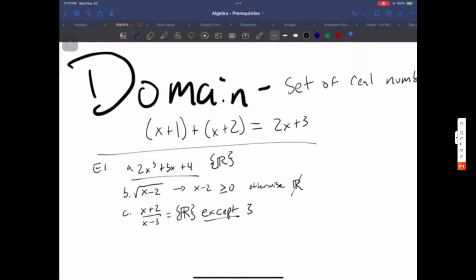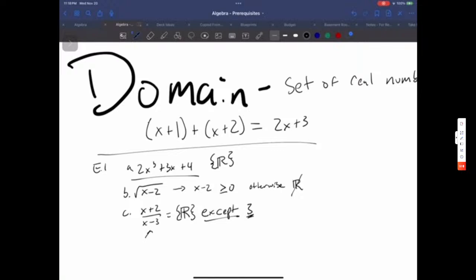Because the denominator of that expression will equal 0, and anything divided by 0 is undefined. So that result is not a real number, and thus that one point is not part of the domain of that expression. The quotient of two algebraic expressions is called a fractional expression, just like the one we saw right now.